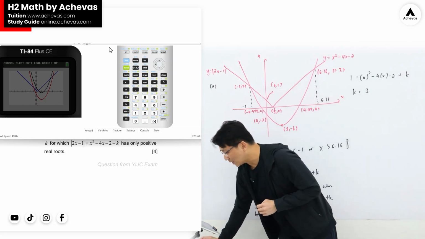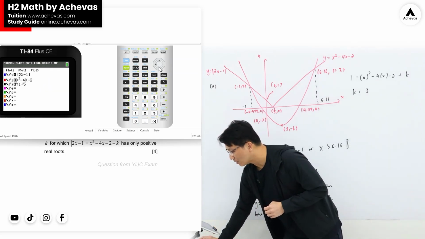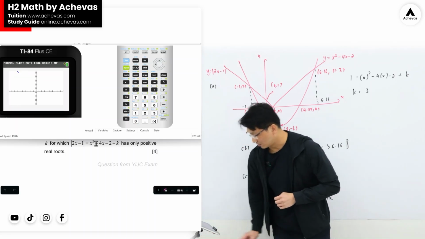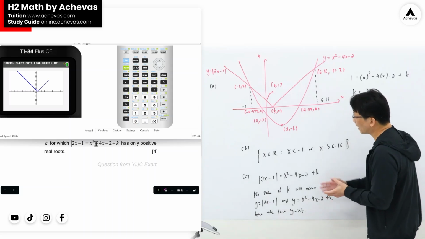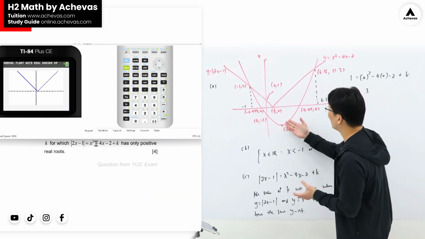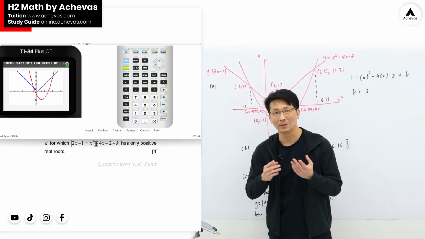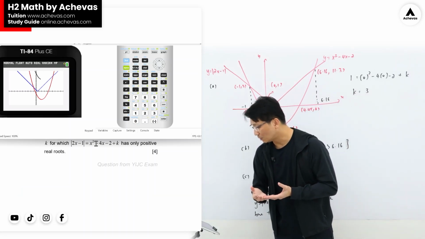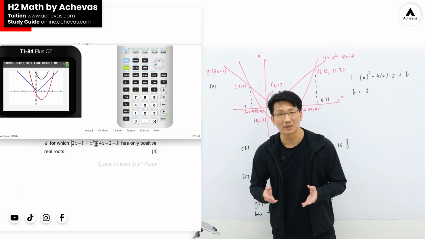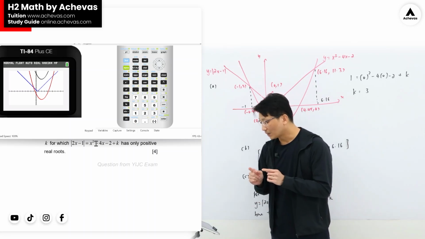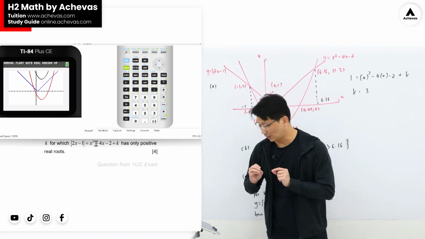But then there will be a limit of how big the value of k can be, because let's say if my k is equal to 15, it's a large value, I will expect the entire graph to be probably above this modulus graph, and hence there will not be any intersection point. So, yep, we can see that there is no intersection point. So there will be a cut off of upper boundary.